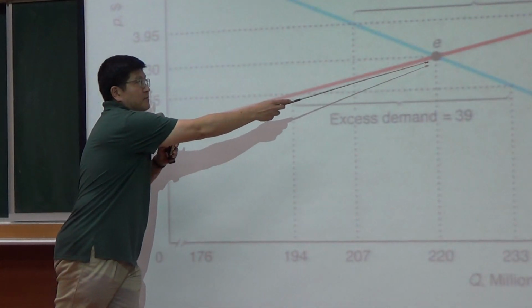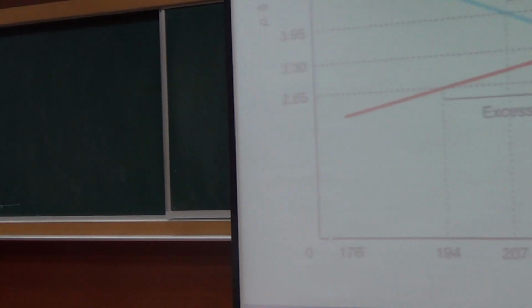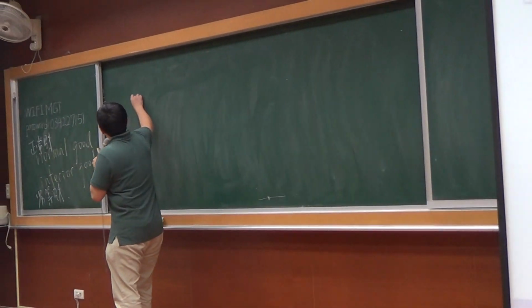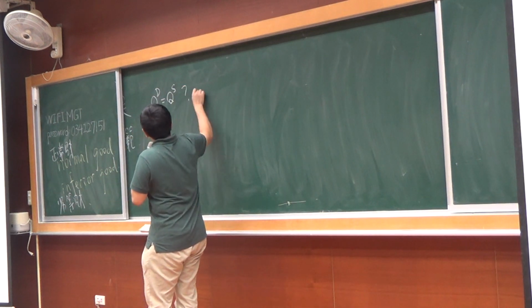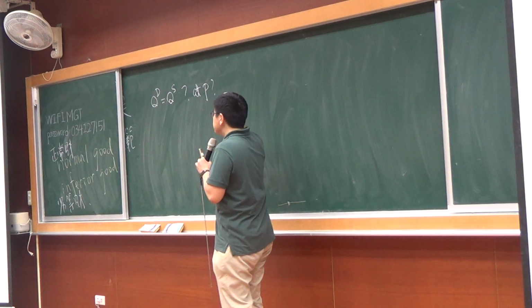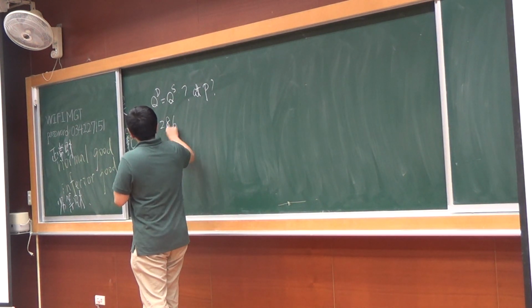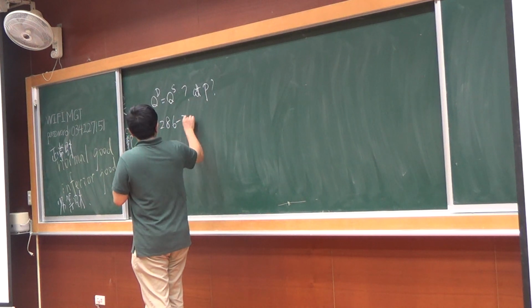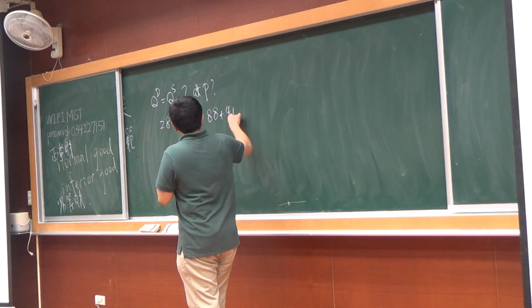And the equilibrium, how to find the equilibrium? Or in other words, at which price does the quantity demanded equal the quantity supplied? So 286 minus 20p equals 88 plus 40p.